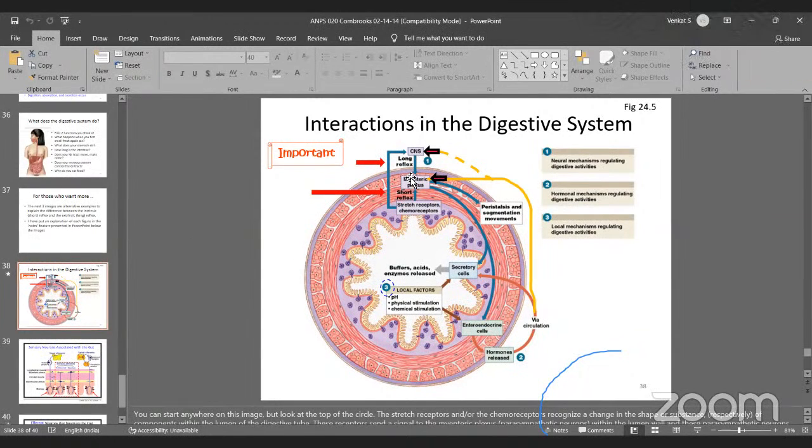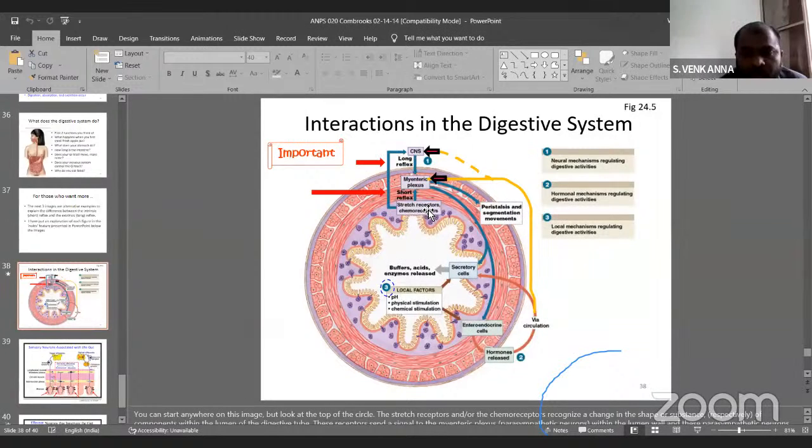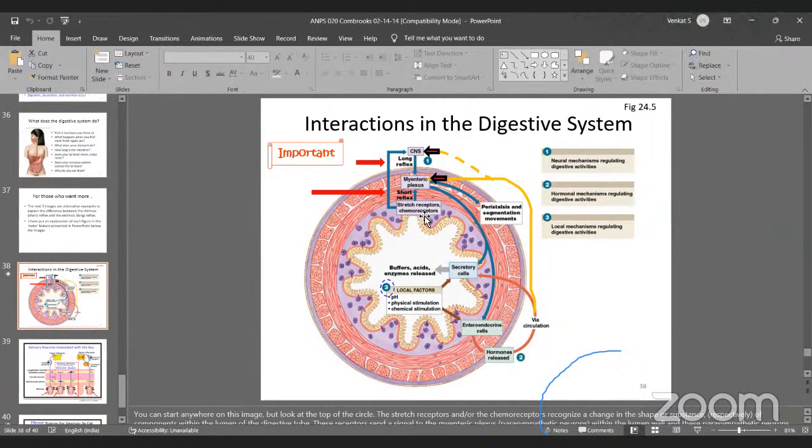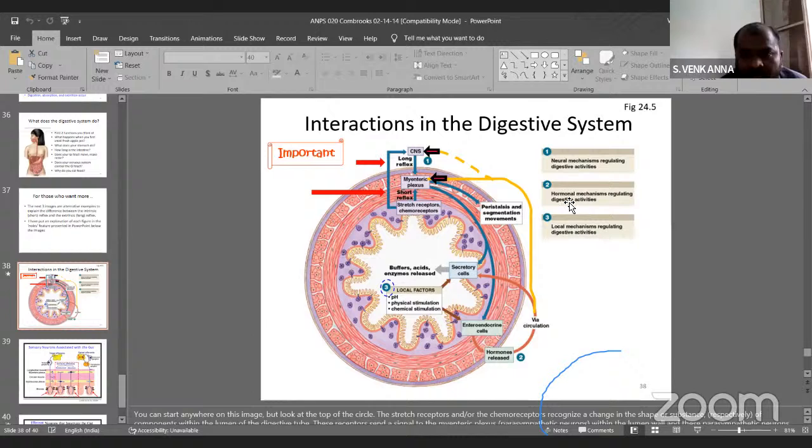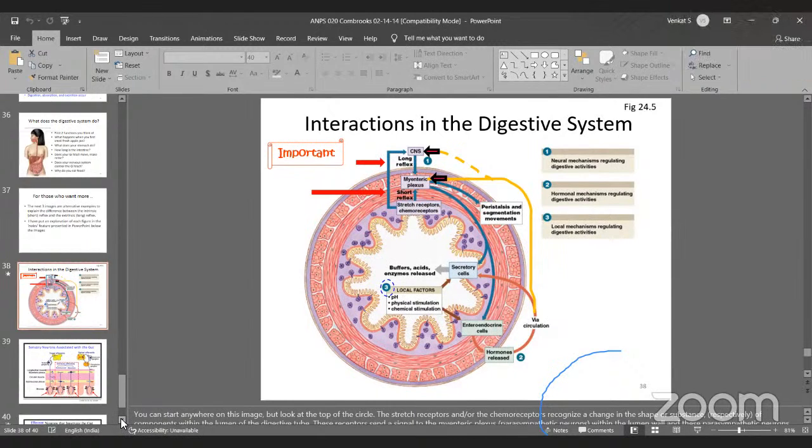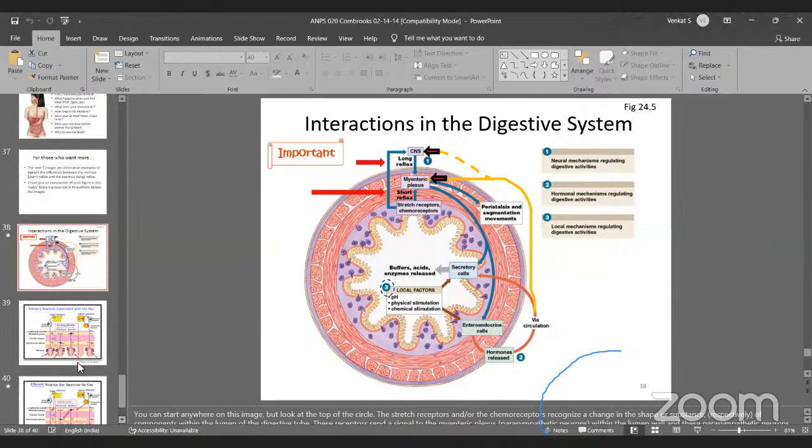Clearly observe this is the CNS function, central nervous system. The long reflex is blue, the short reflex is the yellowish color. So this is the complete nervous system. See this one.